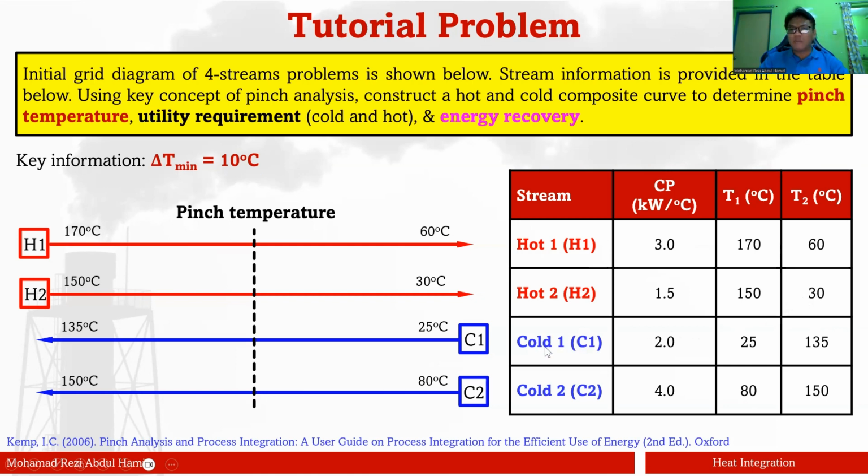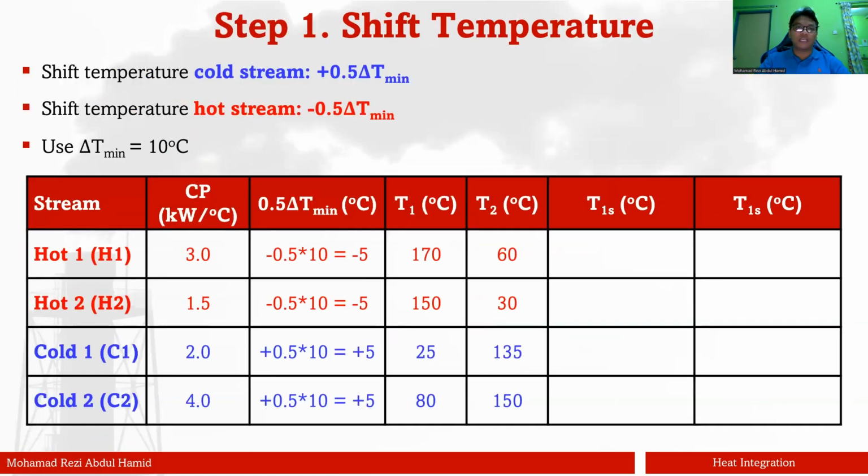Cold stream 1, CP of 2.0, needs to be heated from 25 to 135. And lastly, cold stream 2, or C2, CP of 4.0, needs to be heated from 80 to 150. So how can we get all of this required information using the problem table method? Let's check it out.